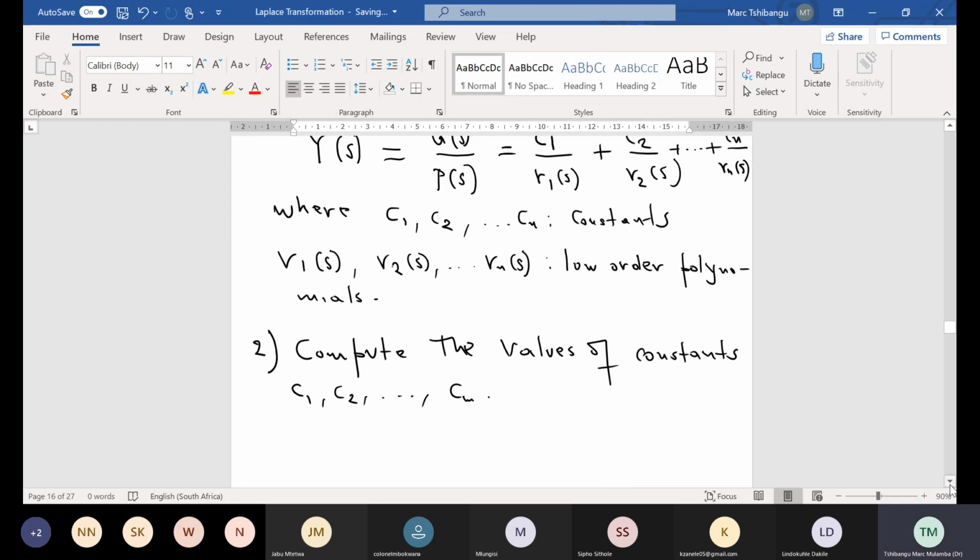So we're going to determine these constants using the previous expansion, right? You expand and then you compute C1, C2 up to Cn using the expansion in step 1.